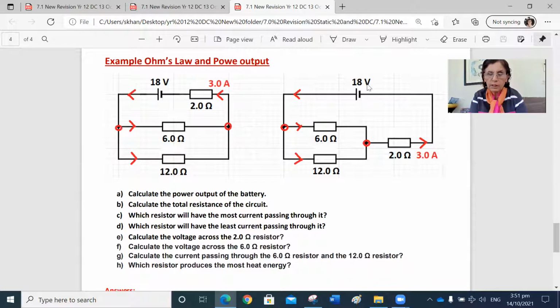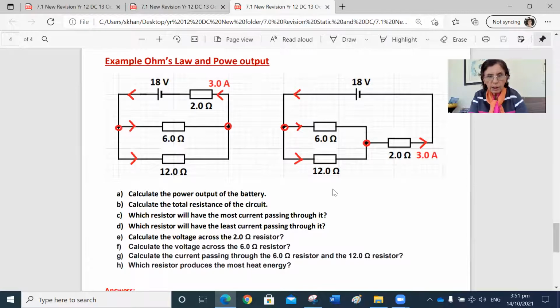This one is using up 6. So that means 12 volts are left for this parallel combination. Now we know that in parallel voltage is the same. So both of these will have 12 volts. So 12 volts across here and 12 volts across here.